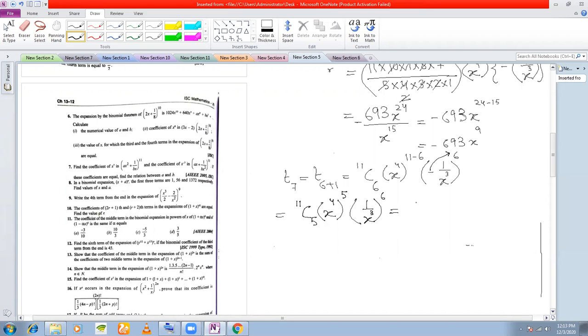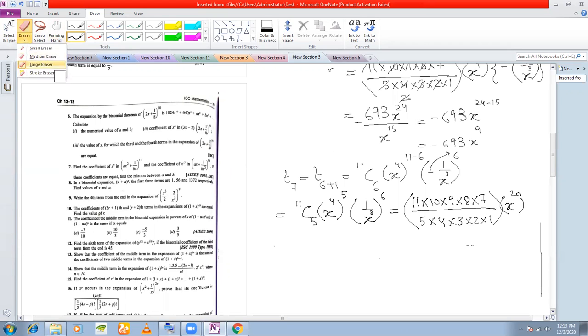Now you can calculate 11C5: 11 into 10 into 9 into 8 into 7 divided by 5 into 4 into 3 into 2 into 1. Just like earlier, it will come to 693 only. And this is x to the power of 20, and this is 1 by x to the power of 18.